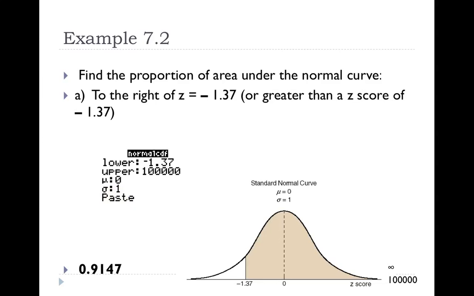And you should get 0.9147. So the amount of area, or the percentage of area under the bell curve to the right of negative 1.37 is 0.9147, or 91.47%.